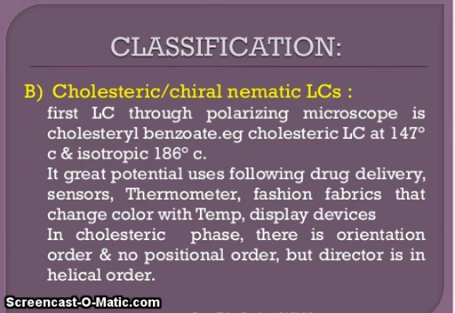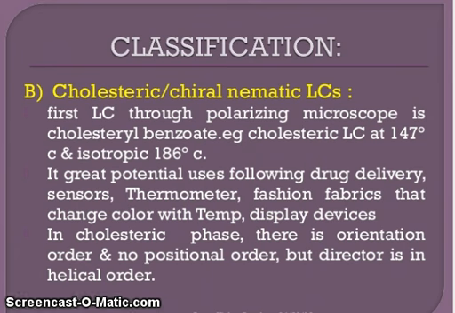Now friends, cholesteric or chiral nematic liquid crystal. The first liquid crystal observed through a polarizing microscope was cholesterol benzoate. For example, this cholesteric liquid crystal appears at 147 degrees Celsius and becomes isotropic at 186 degrees Celsius. It has great potential uses in drug delivery, sensors, thermometers, fashion fabric that changes color with temperature, and display devices.